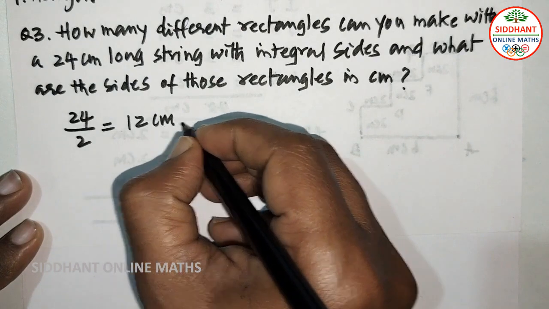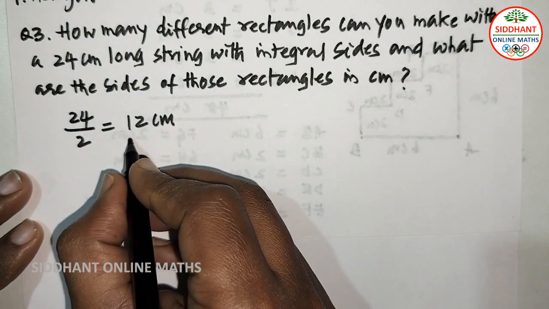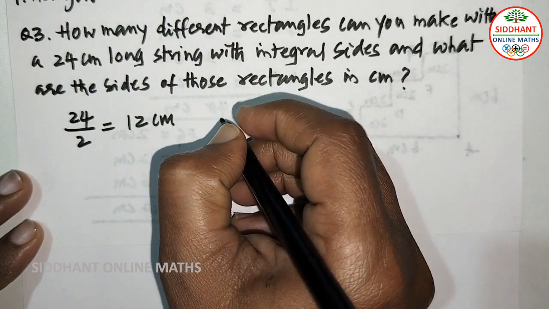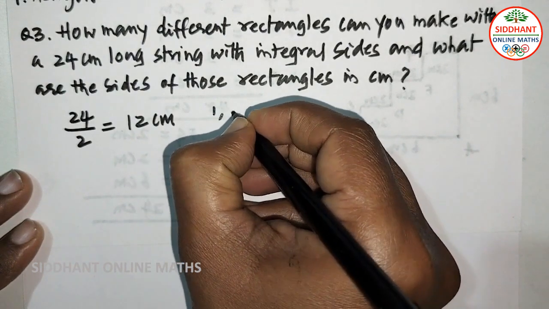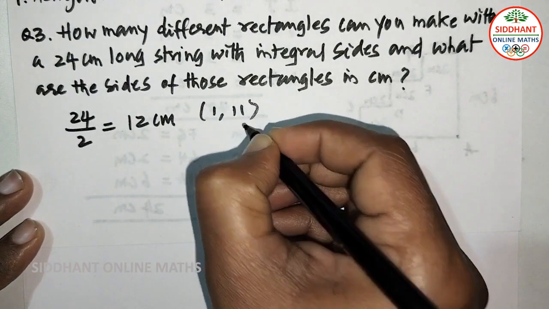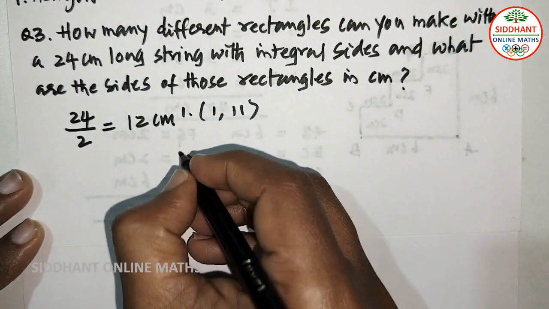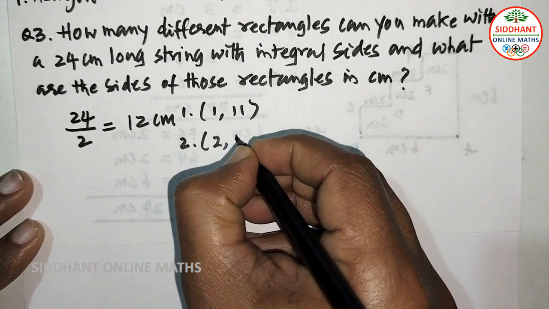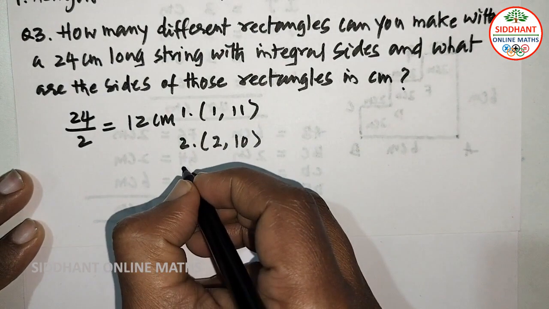So the possibilities of length and breadth for this 12 centimeter sum will be: the first one you are going to see 1 and 11. Second, 2, 10.